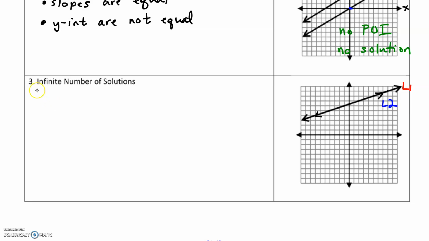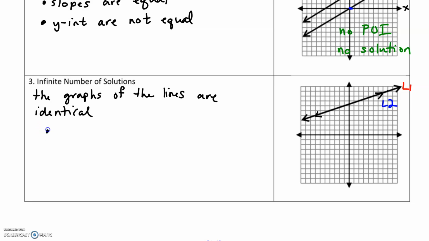So in this situation, the graphs of the lines are identical. So the equations might look slightly different, but the graphs are identical.